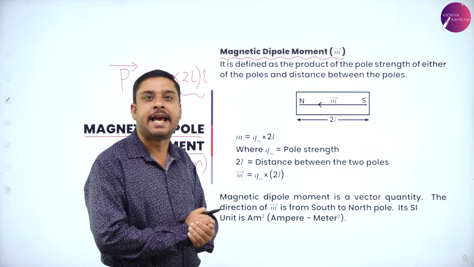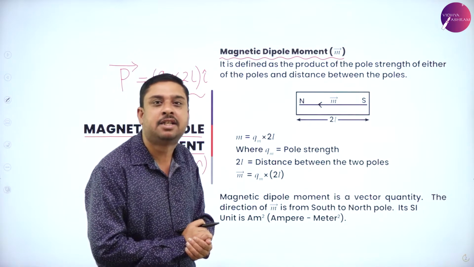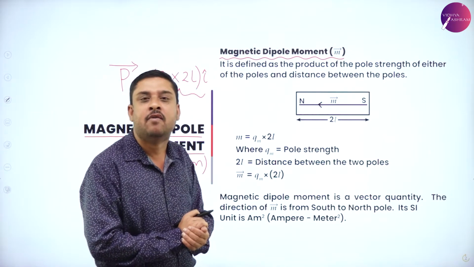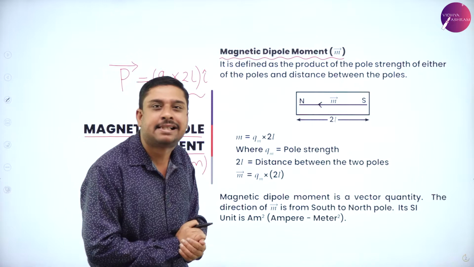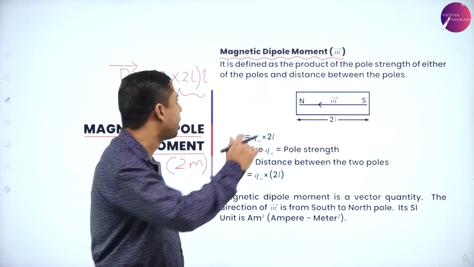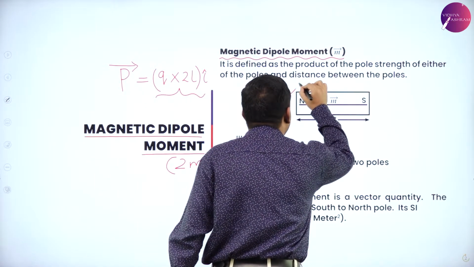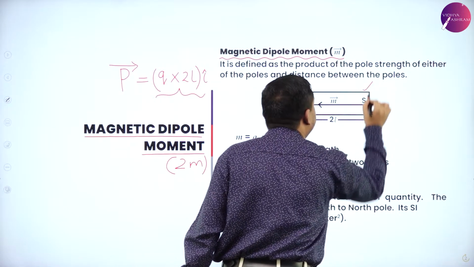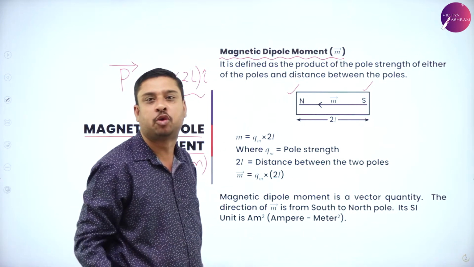Wherever there is a bar magnet, the poles will always exist in pairs. So this is the North Pole and this is the South Pole.